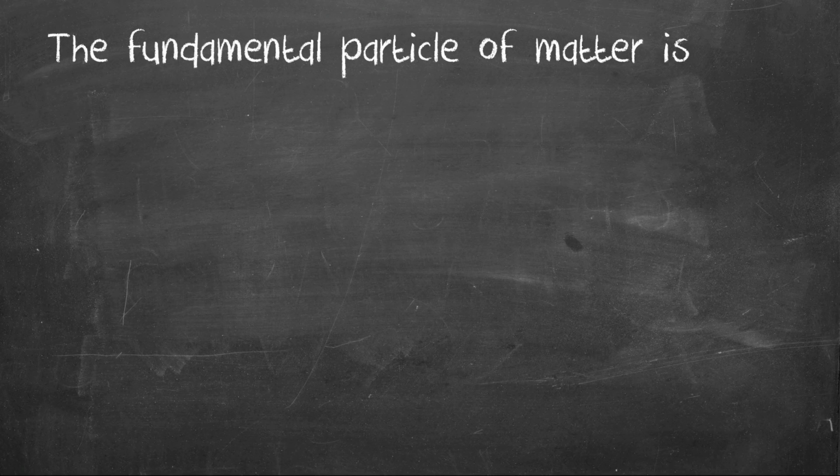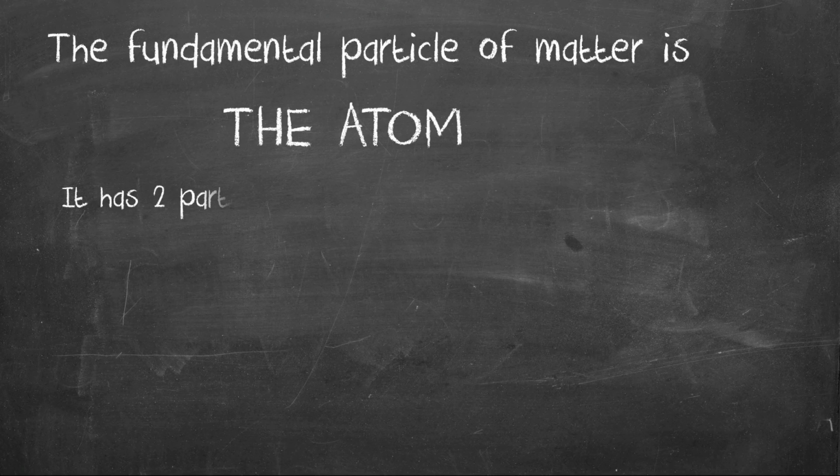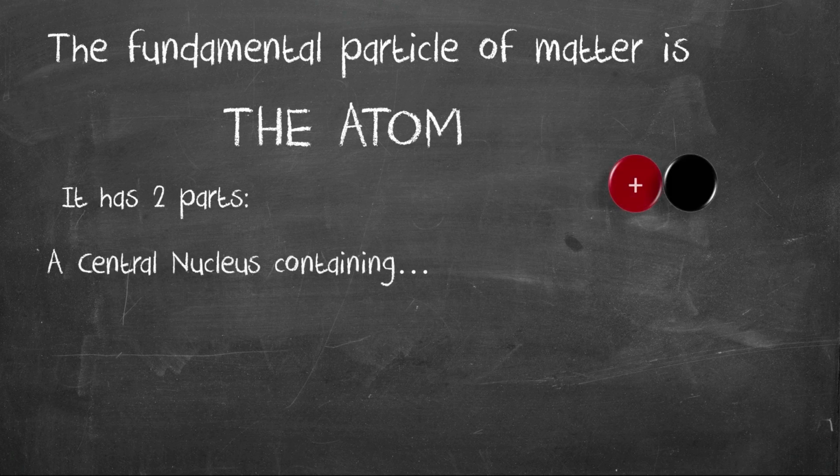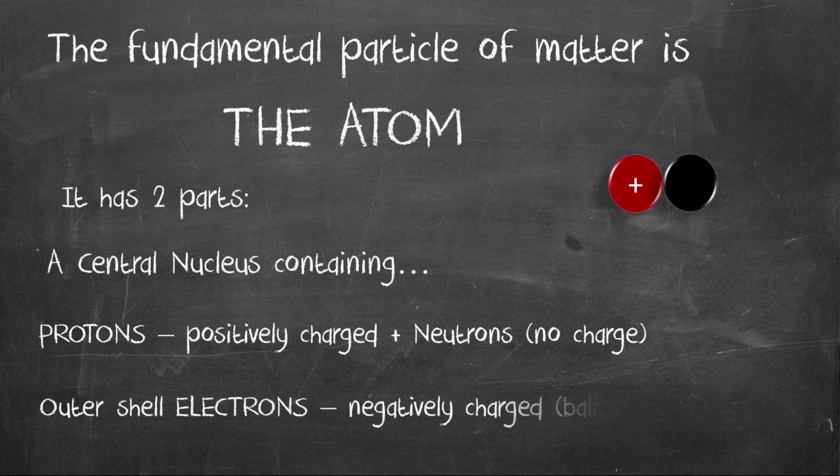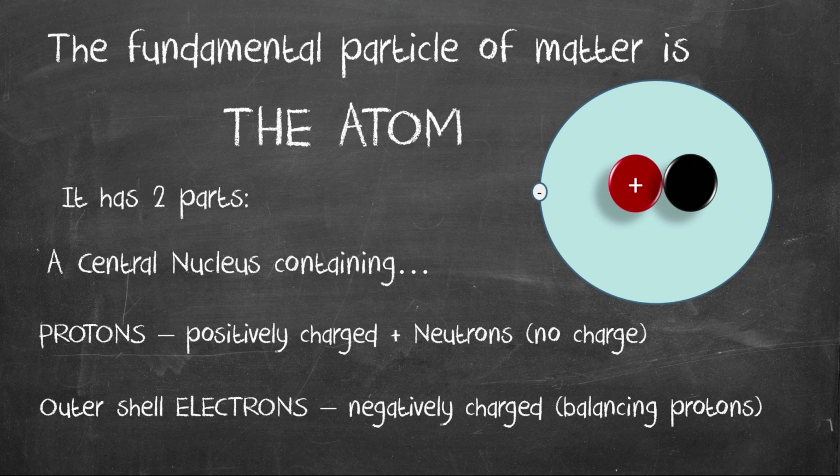The fundamental particle of matter is the atom, and it has two parts: a central nucleus containing protons that are positively charged and neutrons that carry no charge. Surrounding the nucleus is a shell of electrons, and those electrons are negatively charged, that negative charge balancing the positive charge that is carried on protons.